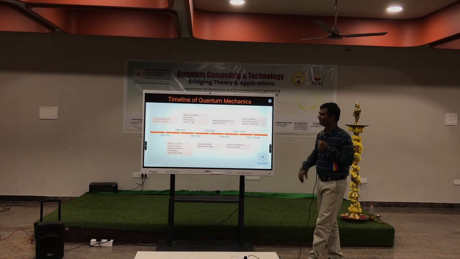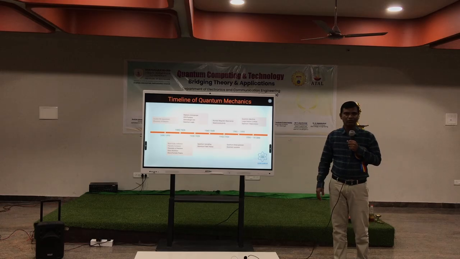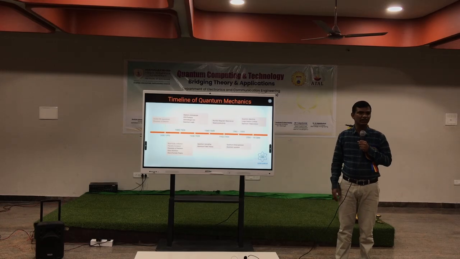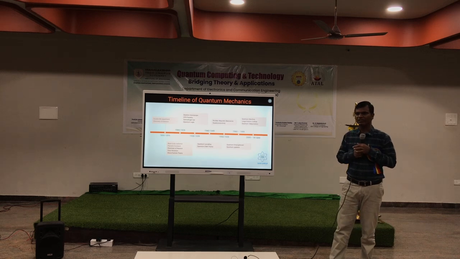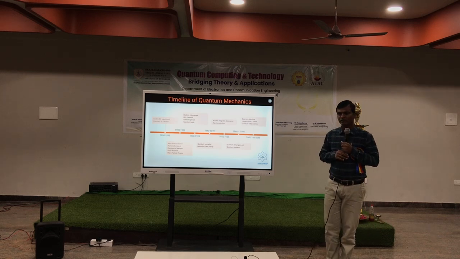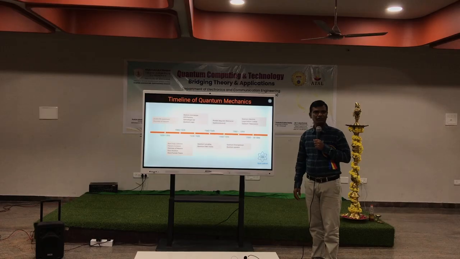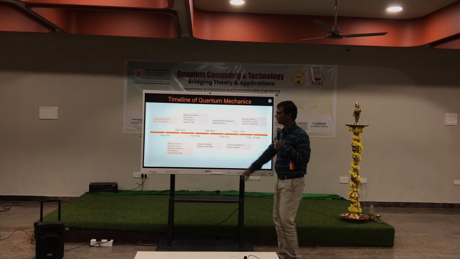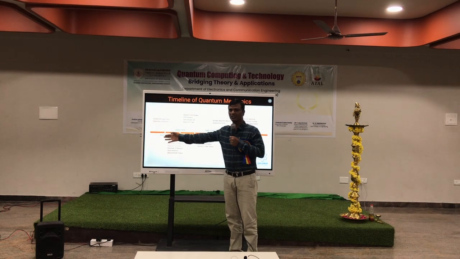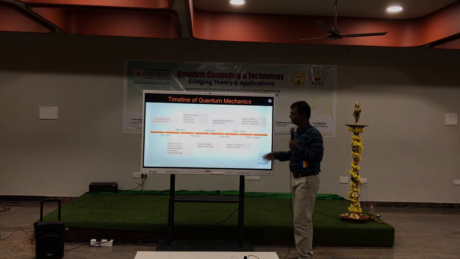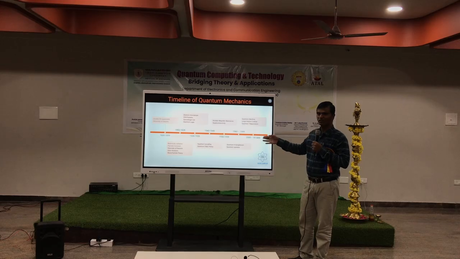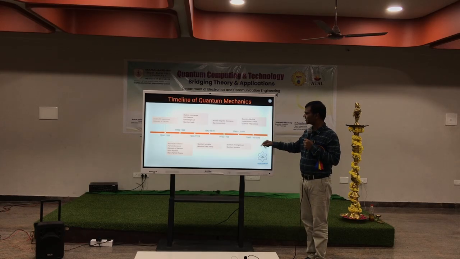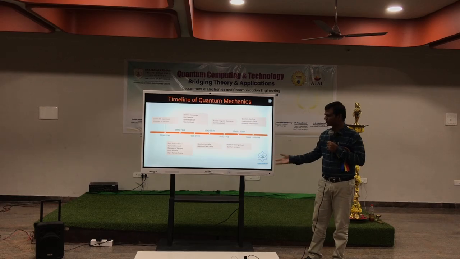This is the timeline. Quantum mechanics itself started with these quantum phenomena. Scientists identified all these phenomena from the 1800s, and they are still working on this. This is how quantum mechanics evolved over a period of two centuries until date. Just go through it.